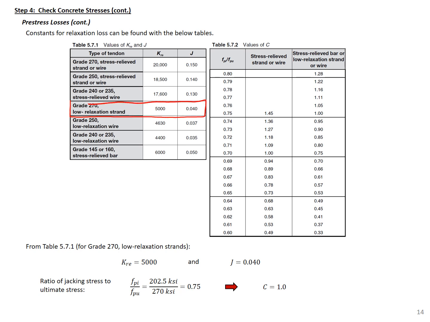We can use that to find our K relaxation and our J term. And then for our C, our ratio of initial prestress to ultimate is 0.75, so we're going to be right here. So our C term is going to be equal to 1. We have a C of 1, and we have our K relaxation and our J defined by these tables.